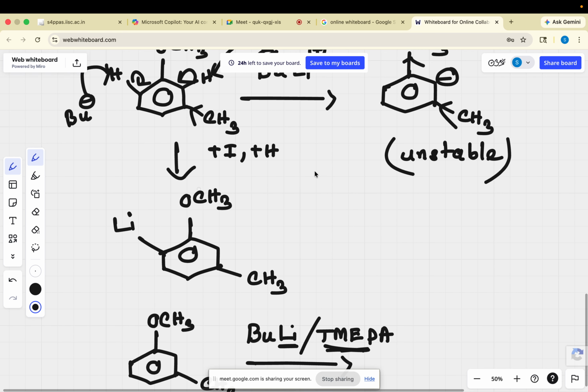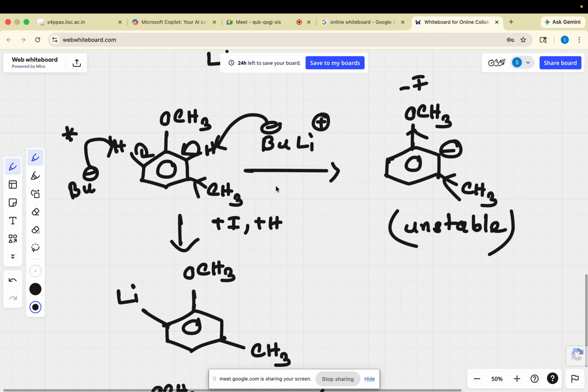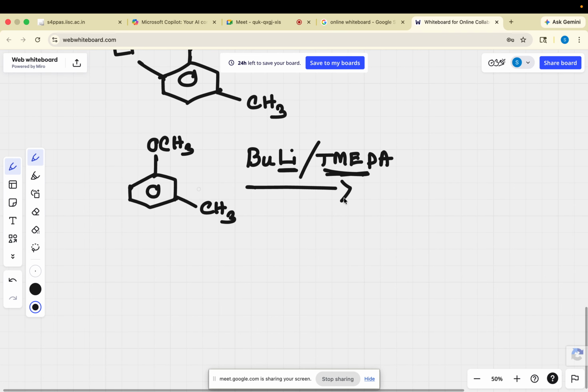Okay, you guys write down here, this is your ortholithiation. So write down the things, otherwise you will forget. This is not ortholithiation. Here TMEDA will chelate the lithium plus, so butyl minus will be free now. So it will abstract the most acidic proton. Now which one is the most acidic proton?